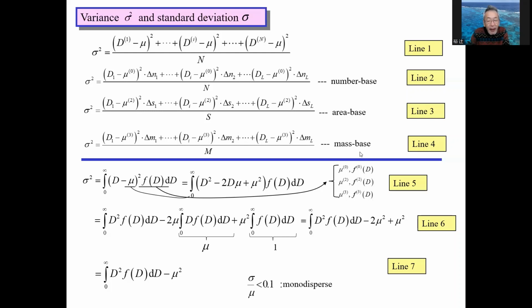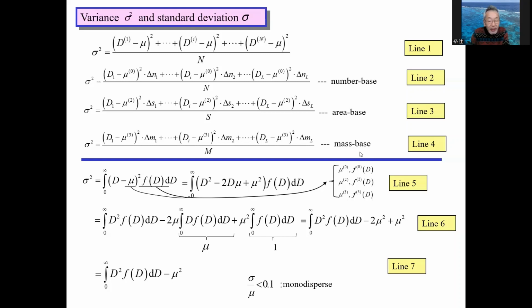If all the particles have the same size, the standard deviation is 0. Such particles are called monodispersed particles, but monodispersed particles do not exist in practice.